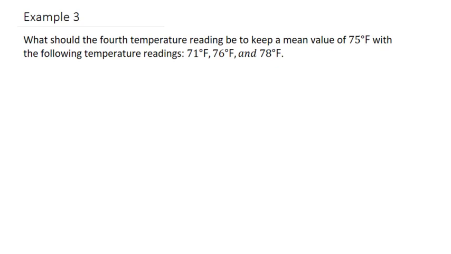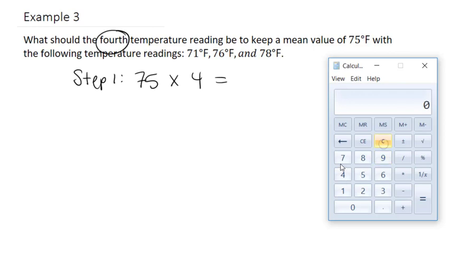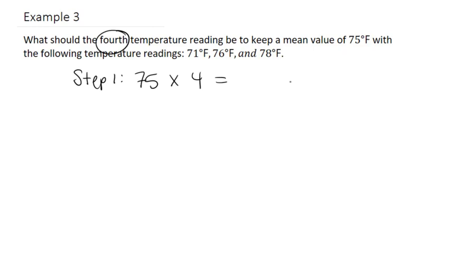Example 3. What should the fourth temperature reading be to keep a mean value of 75? So step 1, we're going to go 75 times 4, which gets us to 300. Step 2, we're going to add up all the numbers together.